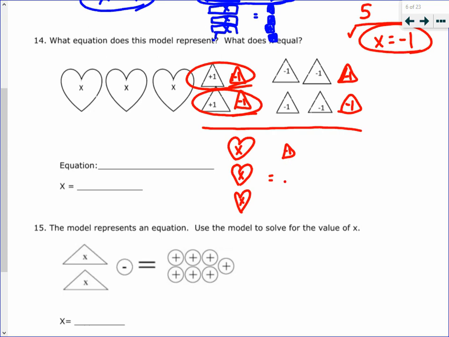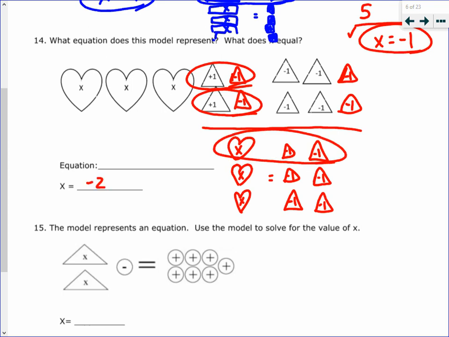So just one at a time. There's 6 of them. So 1x is equal to -2. X equal to -2. Our equation is 3x plus 2 equals -4. All right. 1x equals -2.